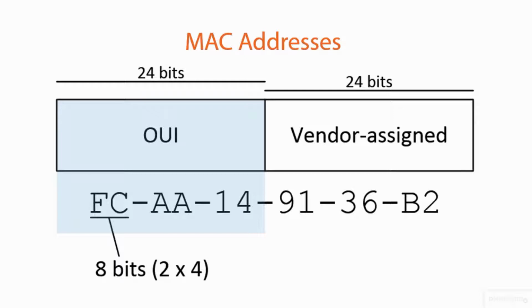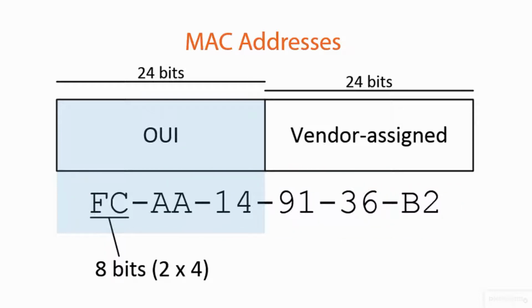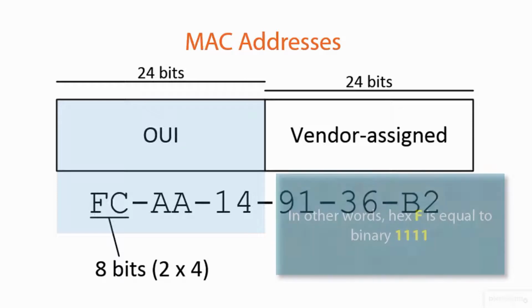Because a whole string of 48 zeros and ones is a huge, ginormous number that nobody wants to write down, MAC addresses use the hexadecimal notation system, and you'll notice that you get a string of hex digits. You get 1, 2, 3, 4, 5, 6 groups of hex numbers, with each section representing 8 bits. As a matter of fact, each hex digit is represented in binary with 4 places.